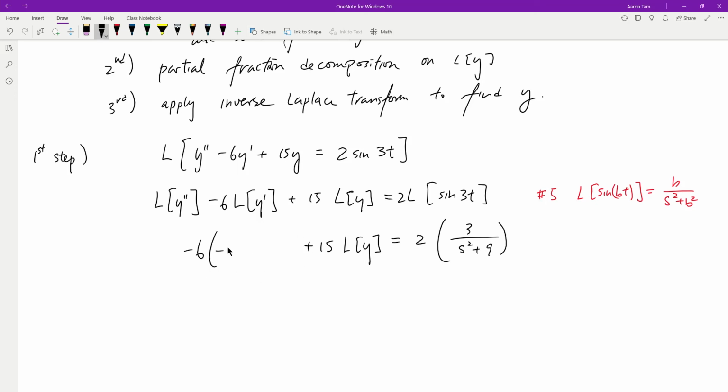Negative 6 times negative y of 0 plus s Laplace transform of y. There you go. And then Laplace transform of y double prime would actually be negative y prime at 0 minus s y of 0 plus s squared.